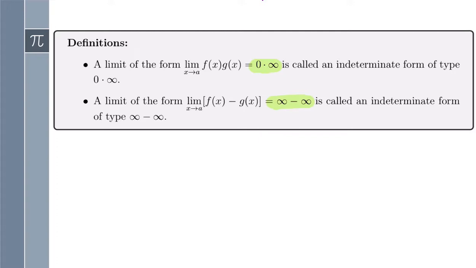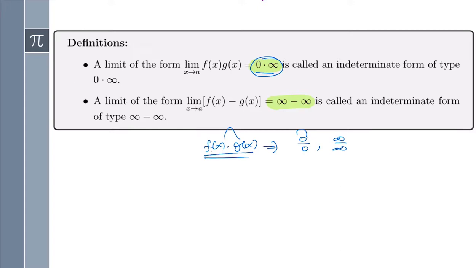Whenever we have 0 times infinity, we will have a function times another function, a product of two functions. In that case, we'll try to change this in terms of 0 over 0 or infinity over infinity, and it's easy to do that.